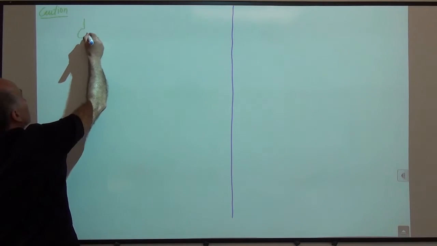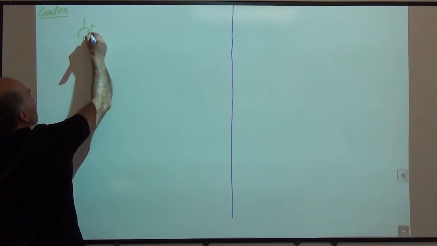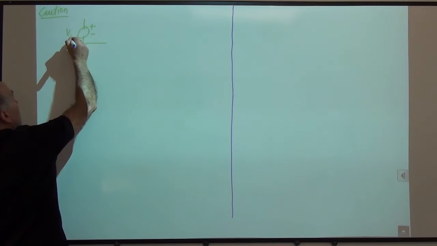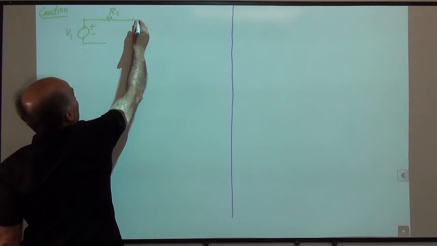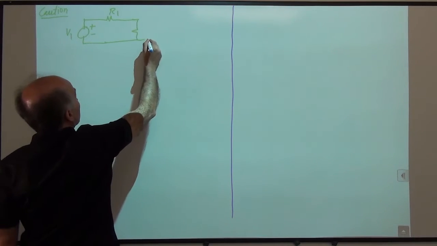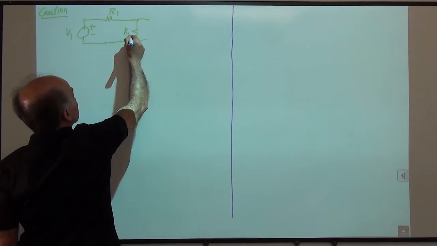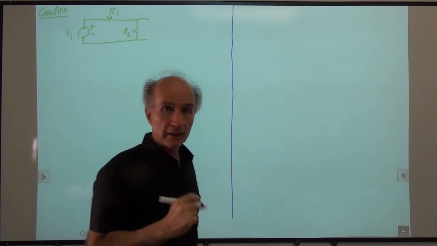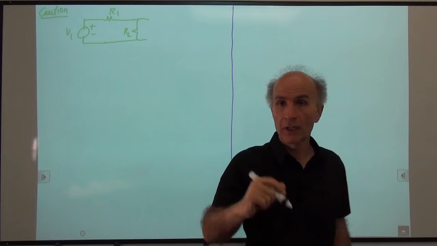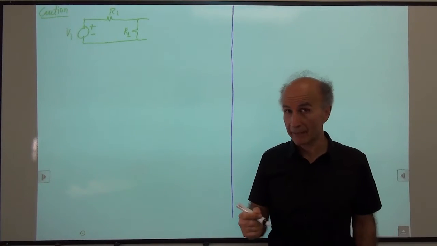All right, in the interview, this is what you're going to get. You get V1, a voltage source, R1, and RL. Okay? And the question is, under what conditions is the power transfer to RL maximum?